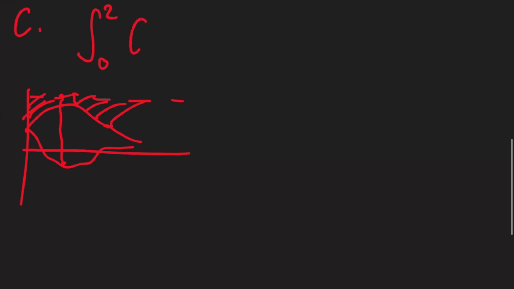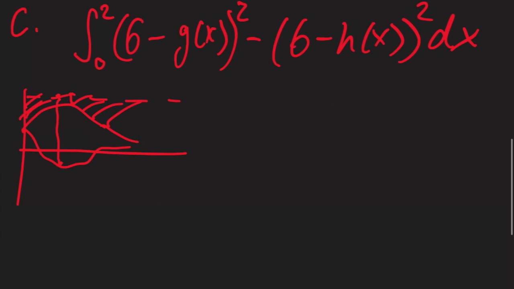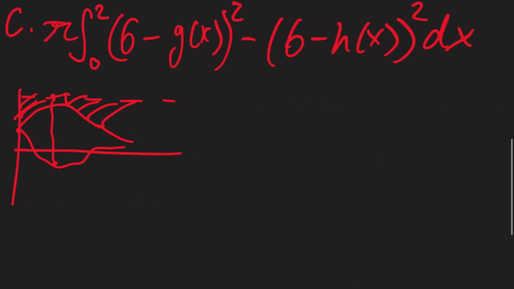So we can do 6 minus g of x as our big R squared, minus 6 minus h of x as our little r squared, dx, and that will give us the volume. Oh, and obviously we need to multiply by pi, and yeah.